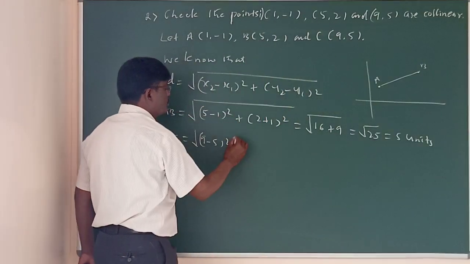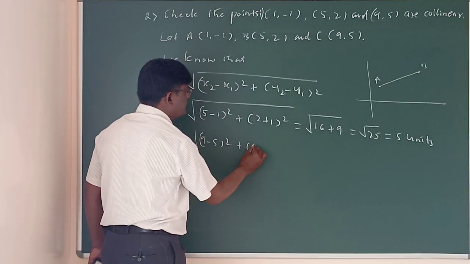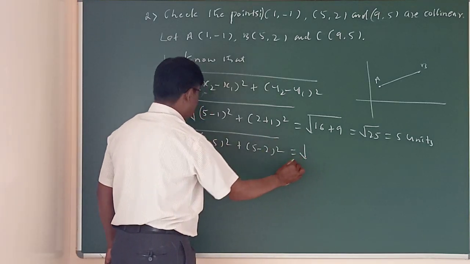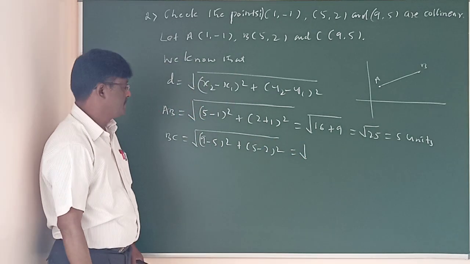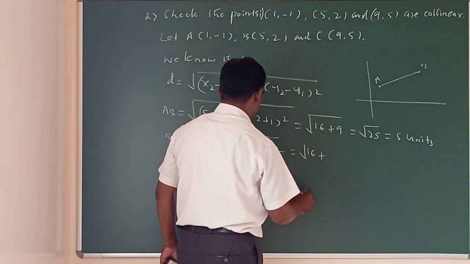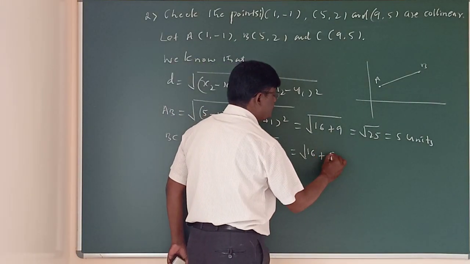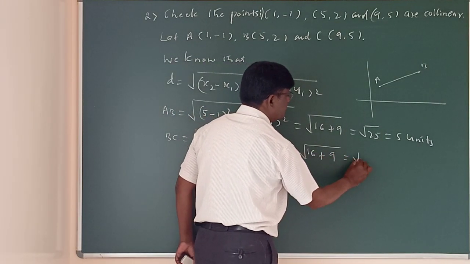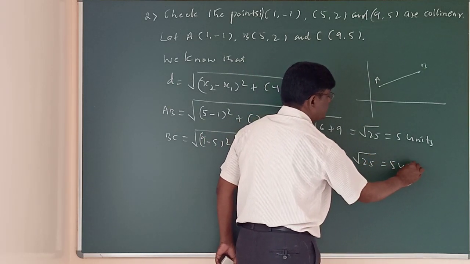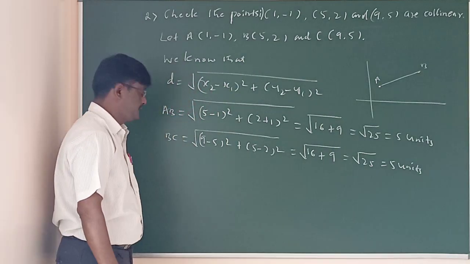Plus y2, 5 minus 2 whole square. 9 minus 5 is what, children? 4. 4 square is 16 plus 5 minus 2 is 3. 3 square is 9. Hence we get 25, equal to 5 units. Now BC is also 5 units.